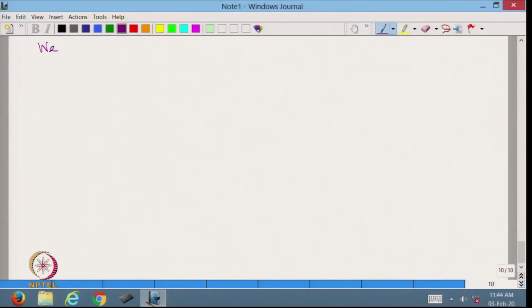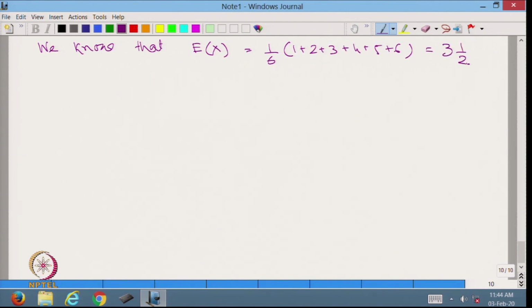We know that expected value of x is equal to 1 by 6 into 1 plus 2 plus 3 plus 4 plus 5 plus 6, which is equal to 3 and a half.